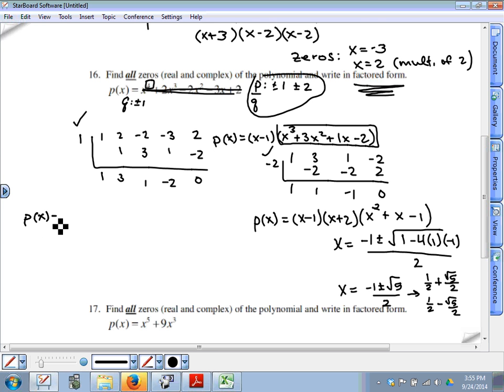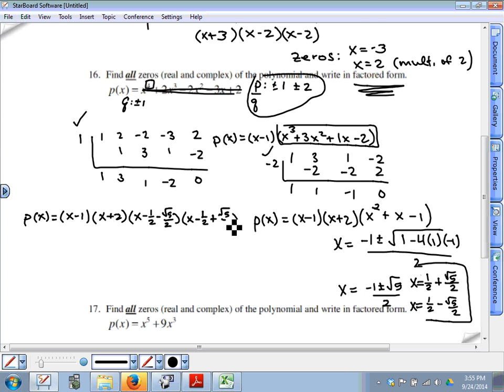So P of x is x minus 1, x plus 2, and now it has 2 other factors that need to come from these zeros right here. So if these are x equals that and x equals that, then this factor is going to be x minus negative 1/2 minus square root of 5 halves, and we have x minus negative 1/2 plus the square root of 5 halves.